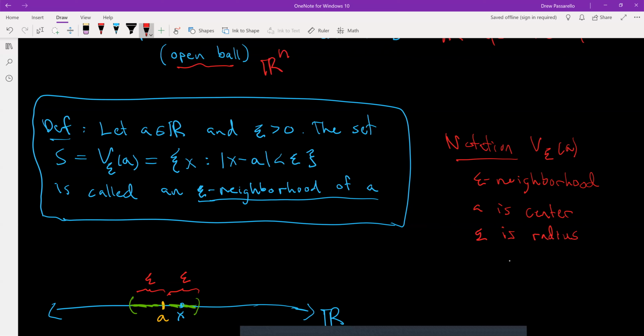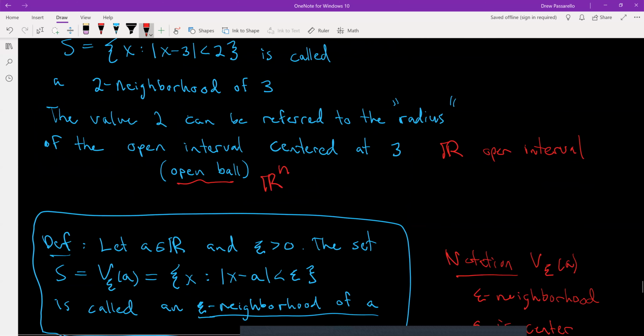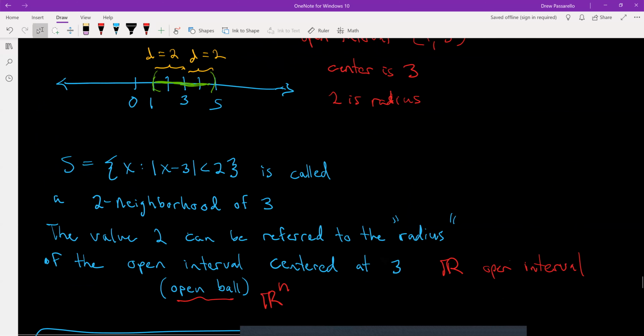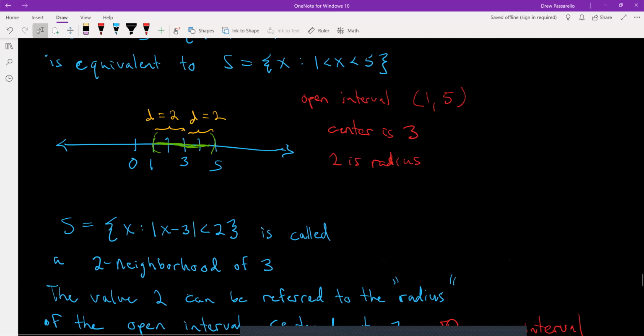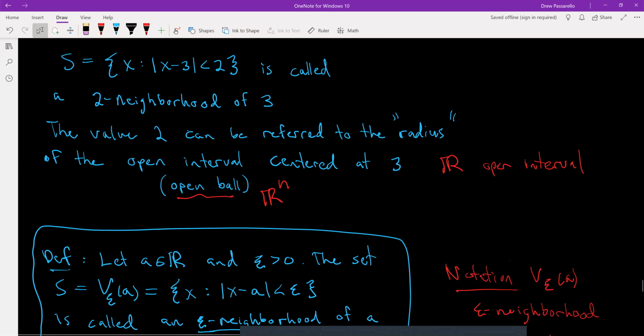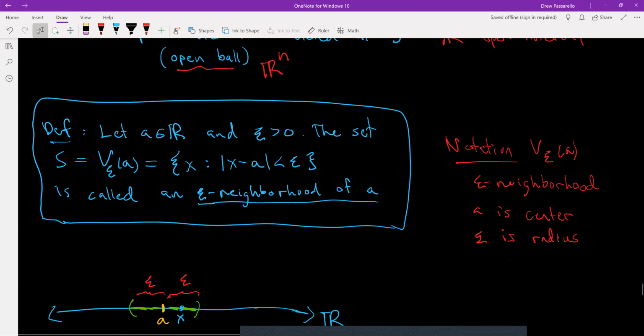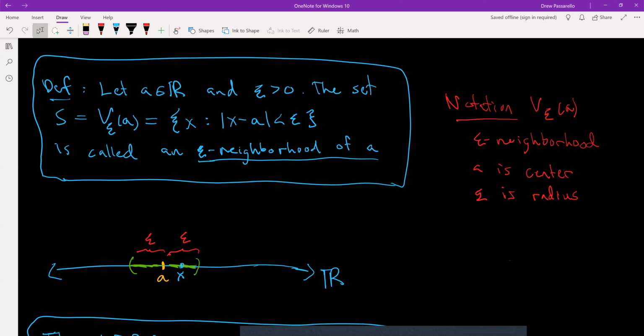So that's why I started out with this example where we have absolute value of x minus 3 less than 2, that's a 2 neighborhood of 3. Now we're talking about just any value a being an arbitrary real number, and epsilon being the radius corresponding to whatever neighborhood we have around a.